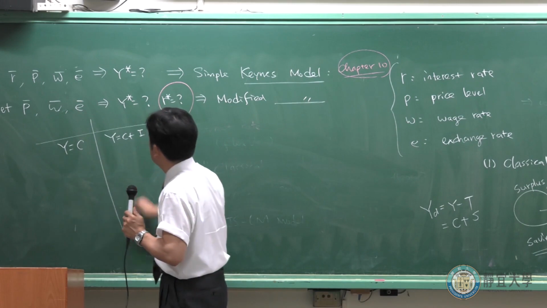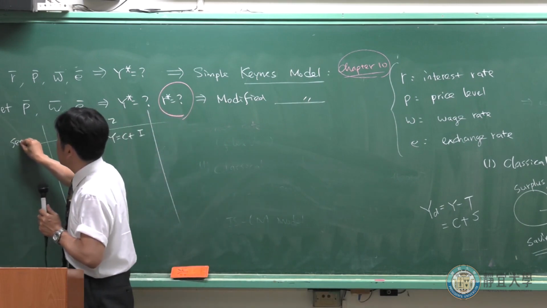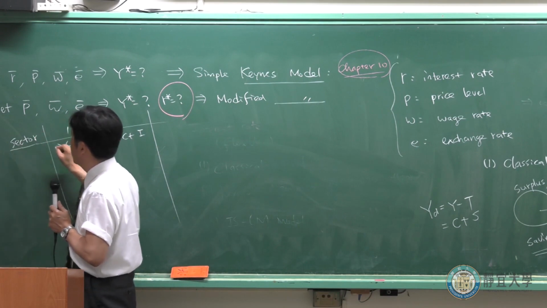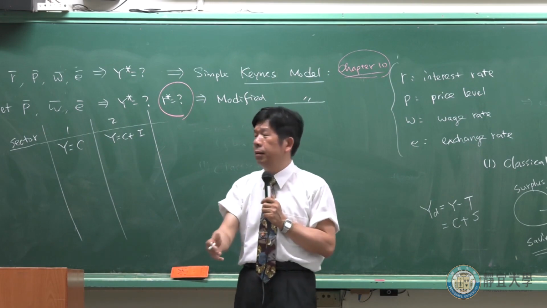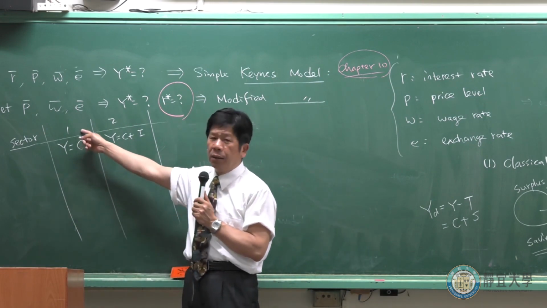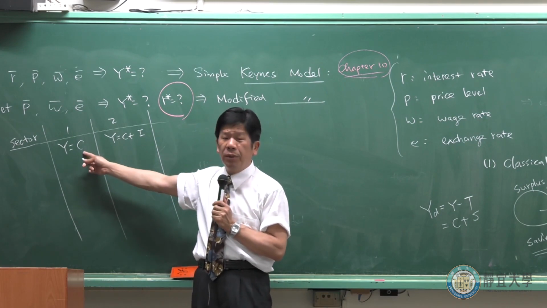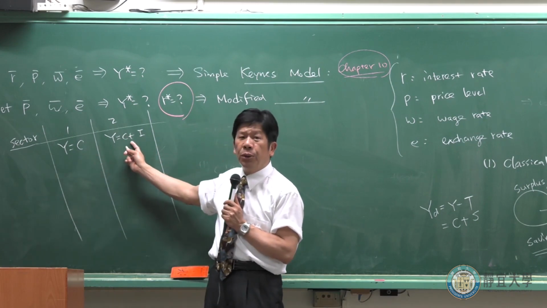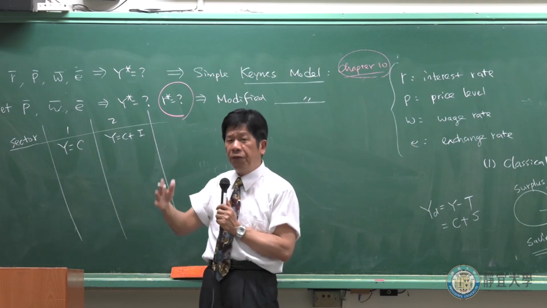Do you remember we talked about the sectors? If we consider our society with only one sector, then Y equals consumption. If we consider two sectors, it means the household and the firm.